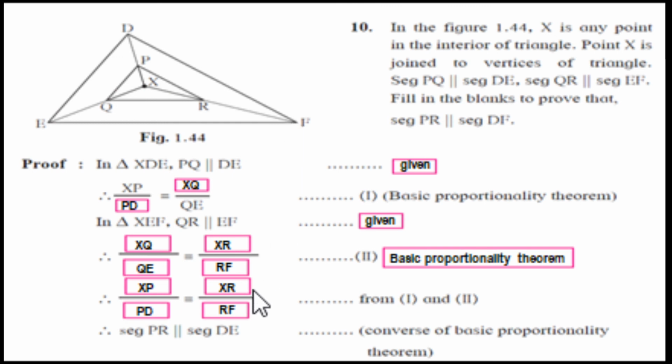Now this ratio is equal. Therefore by the converse of the basic proportionality theorem, what do we get? Segment PR is parallel to segment DF. Actually it should be DF here.